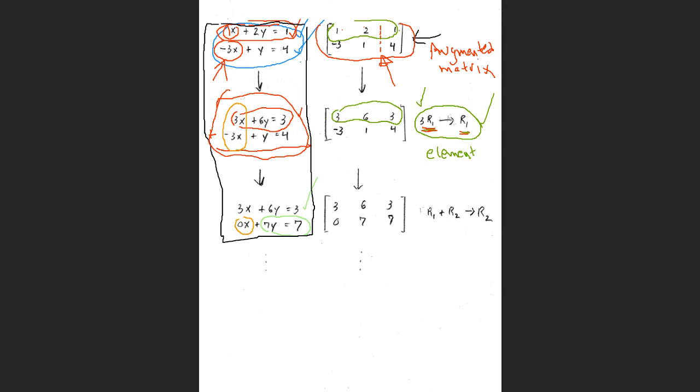Elementary row operation. Yeah, and in your textbook in section 1.1, they talk about there being 3 different kinds of row operations. This row operation is called a replacement. This is a replacement row operation.